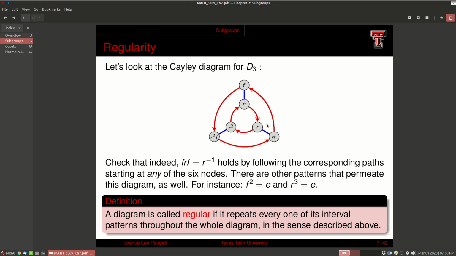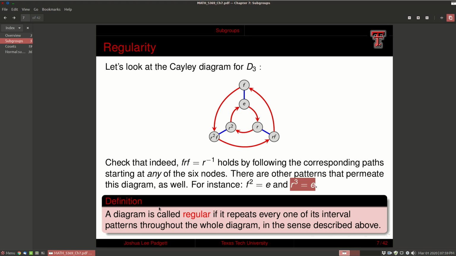But similarly, it looks exactly like the situation that goes from R to RF to F to E and back to R, and similarly over on the left. This is because these relationships, these FRF equals R inverse, have to hold regardless of the node that I start at. And there are other patterns that permeate this diagram as well. For instance, performing 2 flips undoes everything, and performing 3 rotations undoes everything.